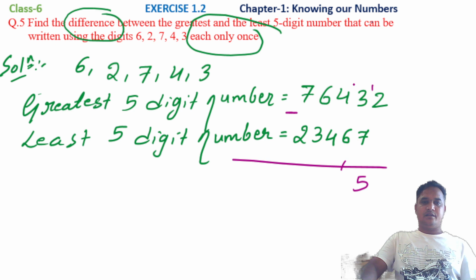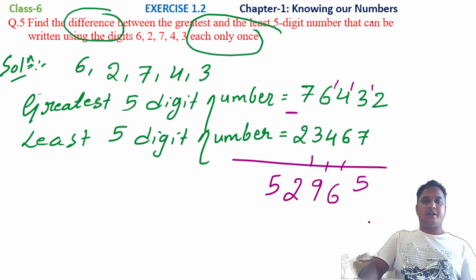Carry 1. 13 minus 7, 6. Minus 5, 9. 6 minus 4, 7 minus 5. That is the difference between the greatest number and the least 5 digit number.